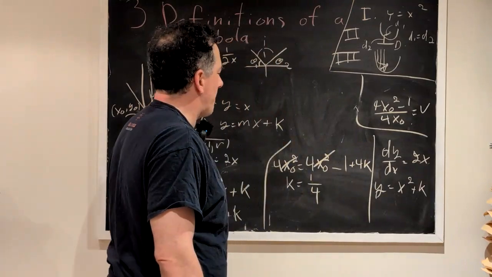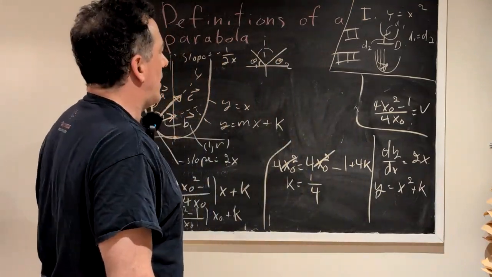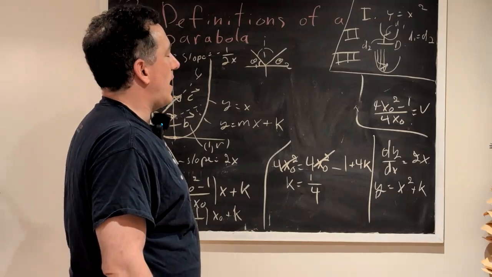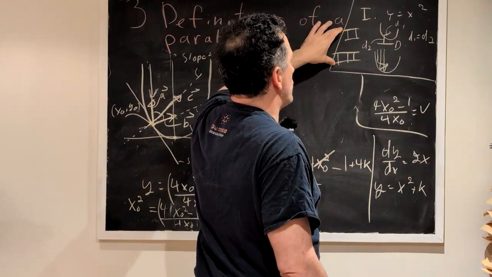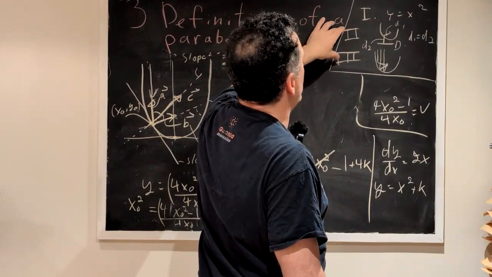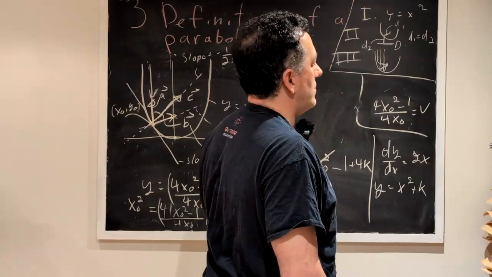It is a parabola. And now what I will do is I will look at the relationship between these two definitions without necessarily using the algebraic equation. So this is the end of part 2, and I will get part 3 up pretty soon.